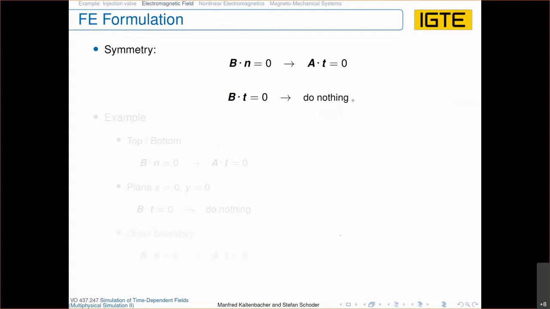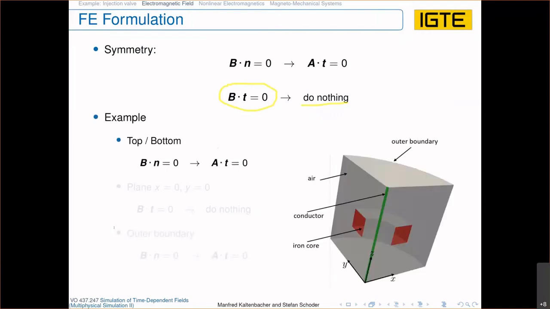It has no normal component, and will then automatically fulfill the boundary condition that the tangential component of B is equal to 0. Okay, so that is the nice thing. When you have such a symmetry, then you do nothing and don't set any degrees of freedom for the magnetic vector potential to 0. And that I want to demonstrate by a simple example as shown here.